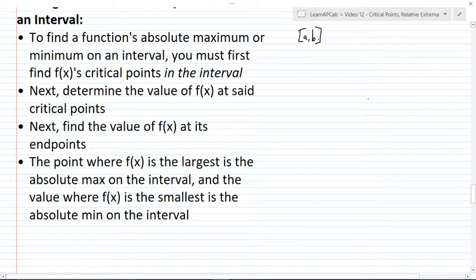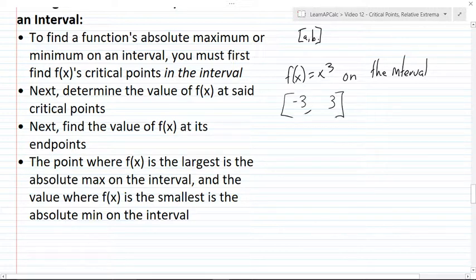on the interval. So let's say f of x equals x cubed on the interval -3 to 3. So here we need to first get our critical values in the interval, and you should all be familiar with this.